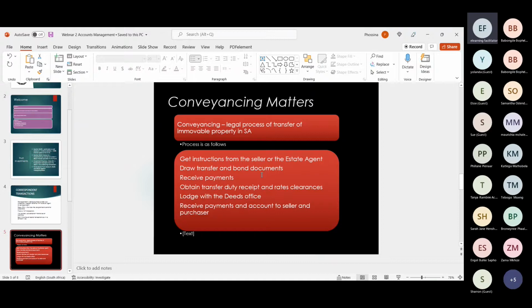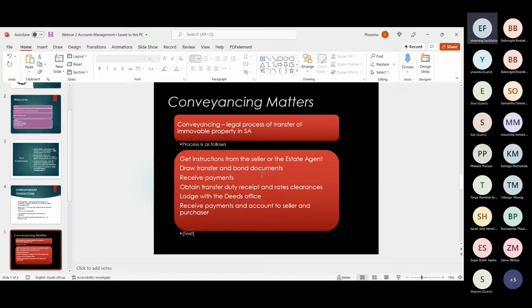Then the process that is followed basically is that an attorney, or a legal practice, is approached.